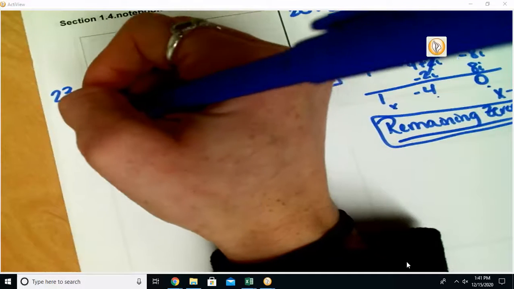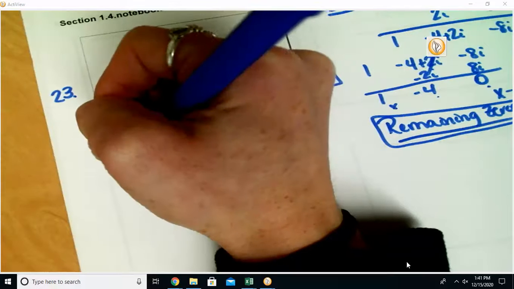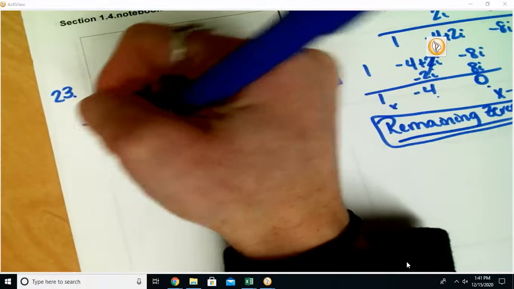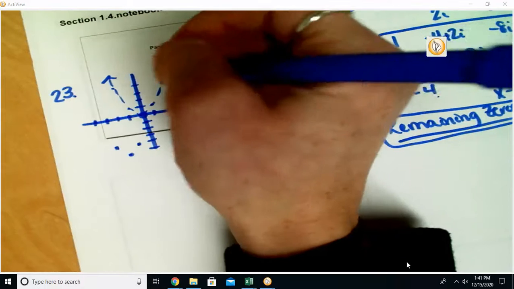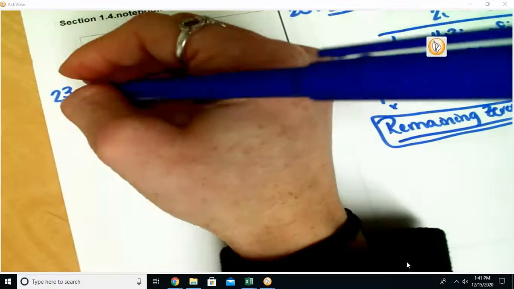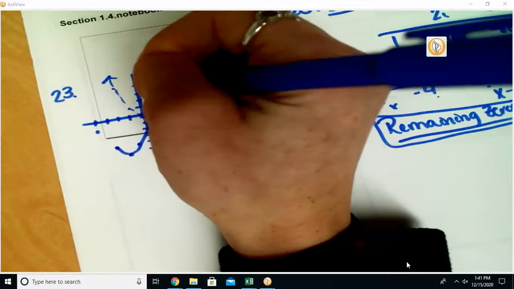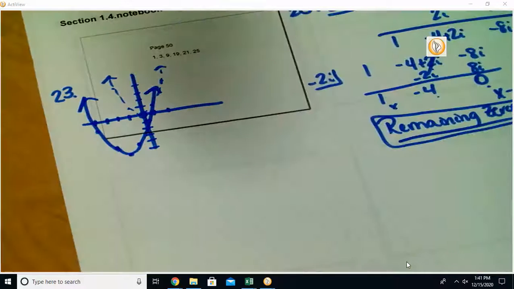So take each left and down. A minimum of 3 exact points. Okay, so your graph looks like that.